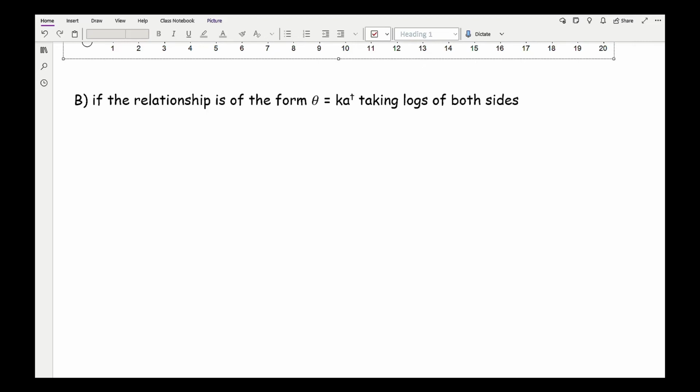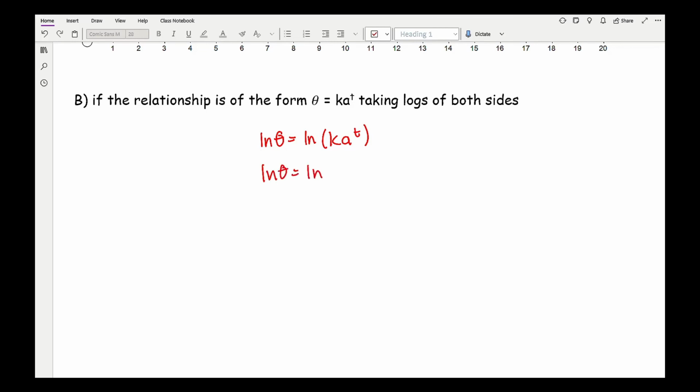Now for this question I'm going to use ln and use natural logs and show you how it's no different to when we used actual logs to a base of a particular number. So I'm going to take ln of both sides. So I've got ln theta equals ln of ka to the power of t, and then I'm going to split up the right hand side.